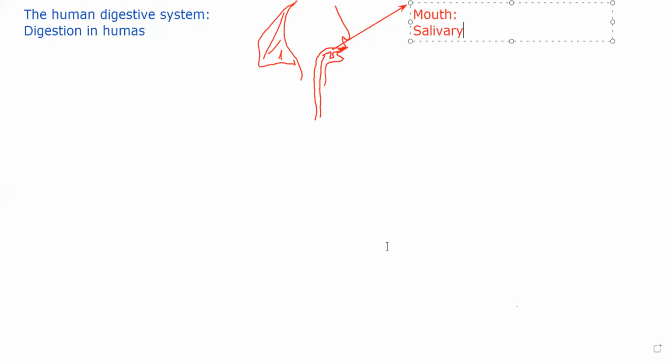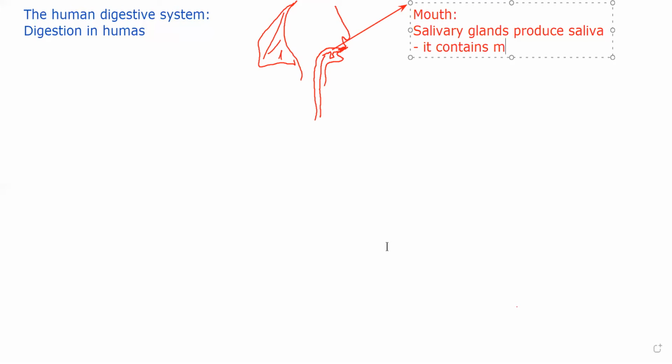Salivary glands produce saliva. And this saliva contains what? It contains mucus. What does mucus do?